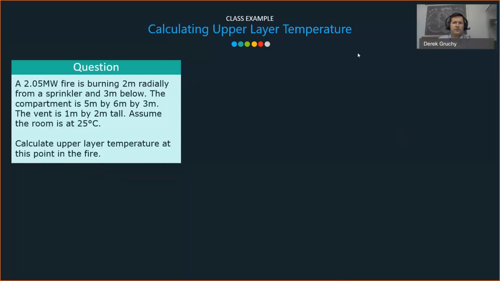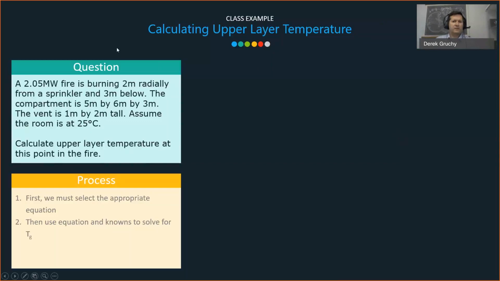All right, so this is the follow-up to class, the error that I made. So we're just going to go over quickly the example again, just to kind of explain everything. So we have the 2.05 megawatt fire, and it's burning, so it's 2 meters away from wherever the fire is. 2 meters over is where the sprinkler is.